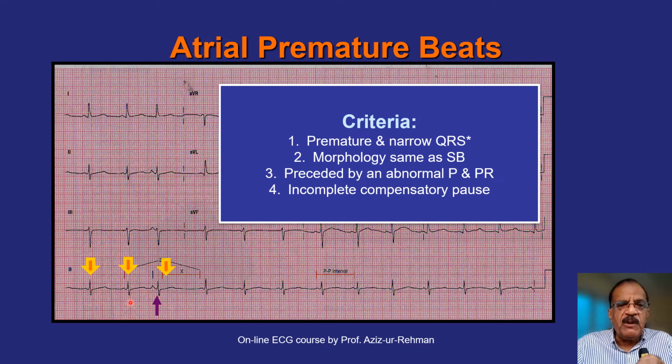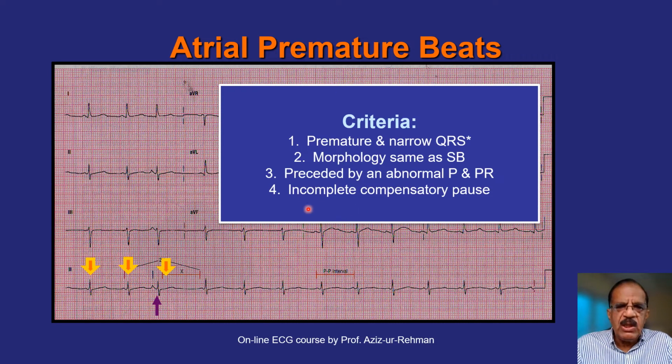Now you must also appreciate that if this ectopic focus is in the neighborhood of the SA node, then the P wave might just look similar to the normal SA node. Then there is an incomplete compensatory pause. At the moment, please hold this and just remember that this is one of the diagnostic features. Once I do ventricular premature beats also, then I think it will be easy for me to explain what is meant by compensatory pause.